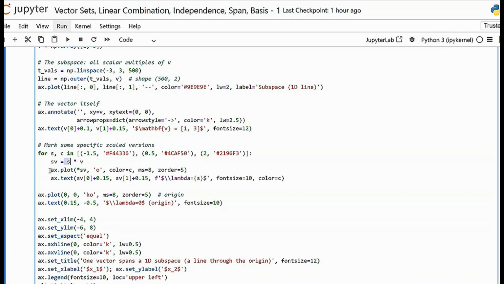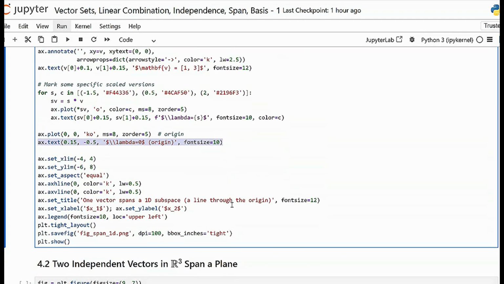Next we plot each scaled point and label each point with its scalar value. Now let us plot 0, 0, the origin, and we also label it 0, 0. Dear friends, of course you all know about axis formatting, and we have standard formatting for clarity and symmetry.